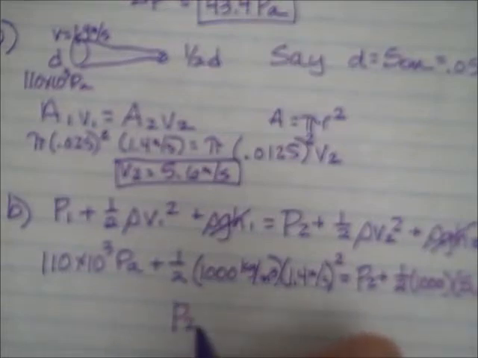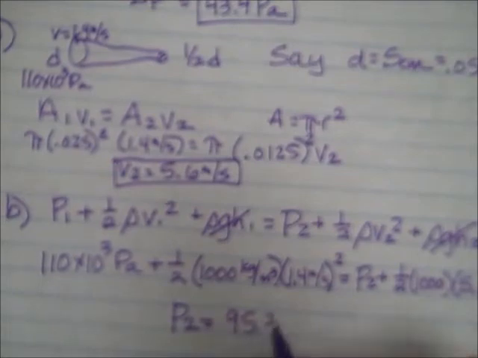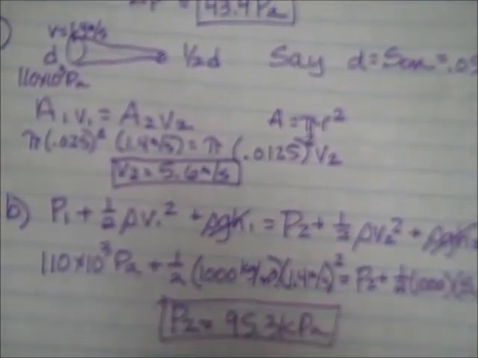From this you can solve for P2 to get, I believe, 95.3 kilopascals, if I can read my handwriting correctly.